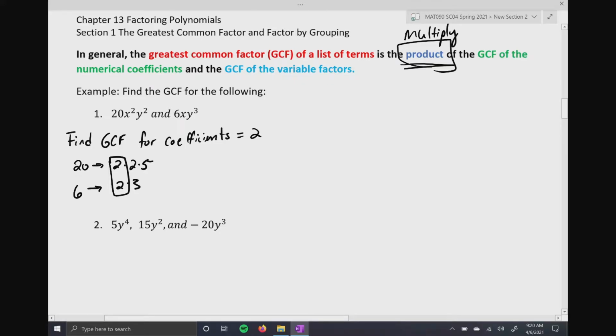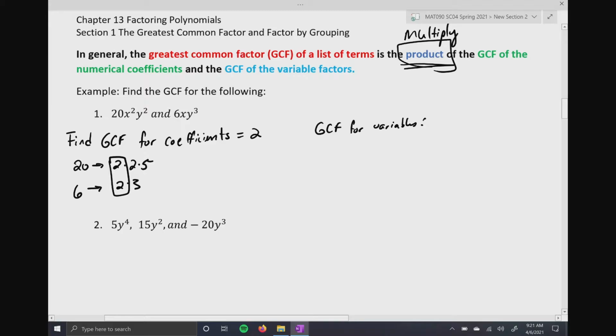Now the GCF for my variables? Well, I have in the first term x squared y squared, and the second term x y to the third. They both share an x.